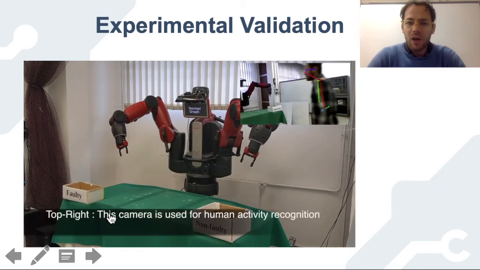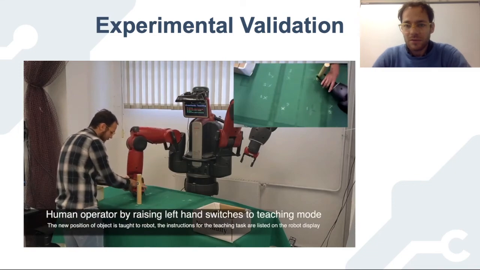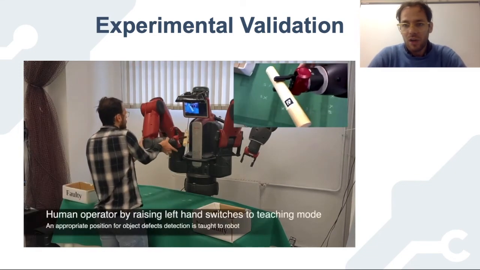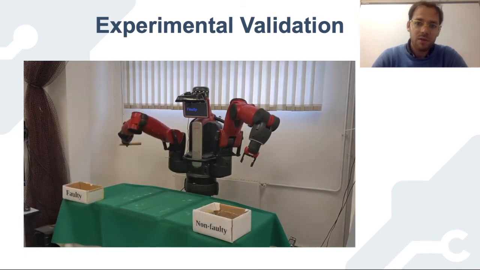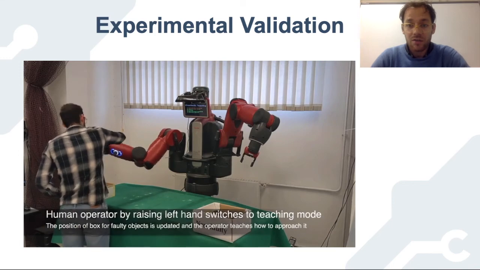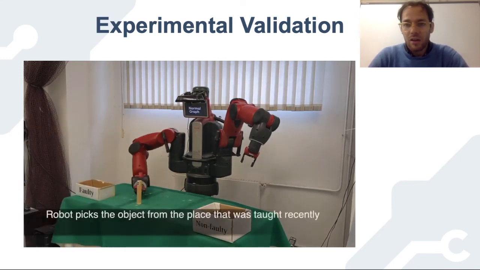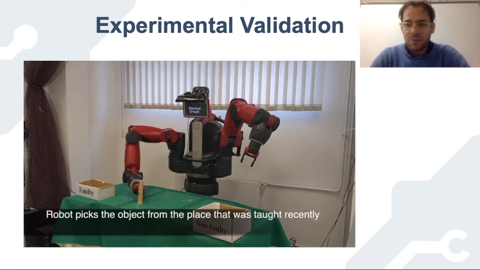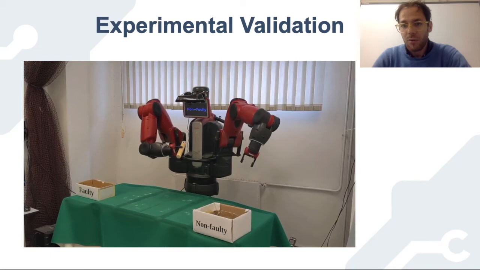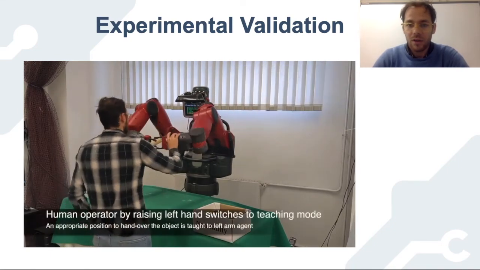To evaluate our approach, we performed some experiments. In this experiment that you see in the video, the robot is supposed to collaboratively with the human operator inspect the defects of objects, classify them, and place them into their corresponding boxes. The inspection scenario is done through an AND/OR graph, and the robot has to traverse a collaborative AND/OR graph to achieve this goal.